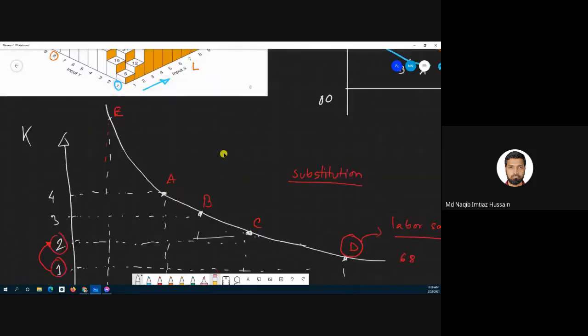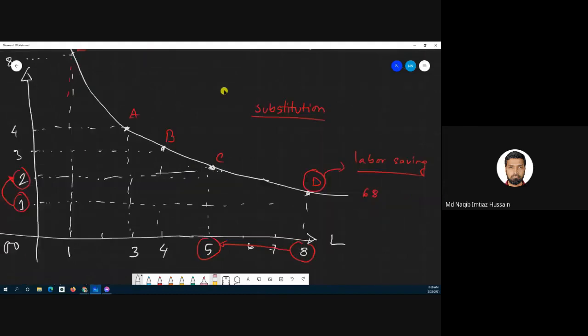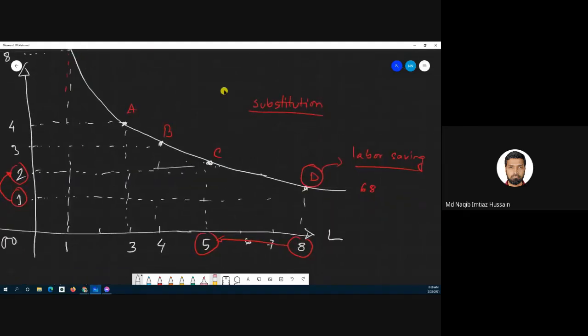It doesn't have to be mathematically correct. And let's say you have 8 capital at this point. So what do you want to do? If you increase, let's say this is your 2, and the next operating point would be 5, this is F. Okay?